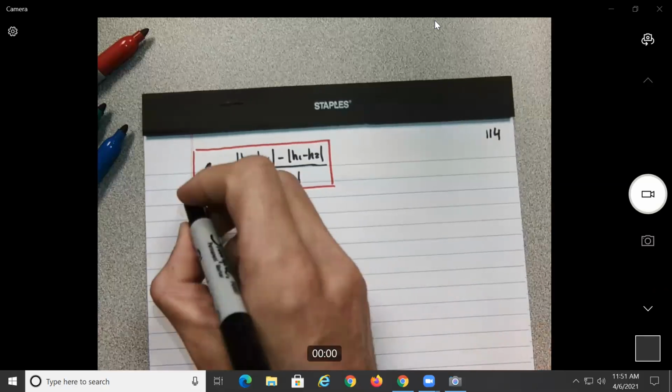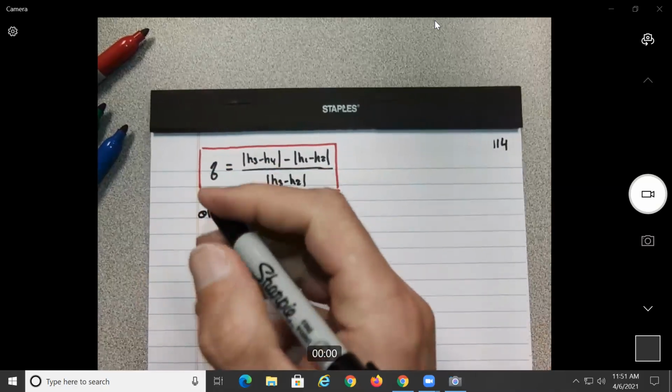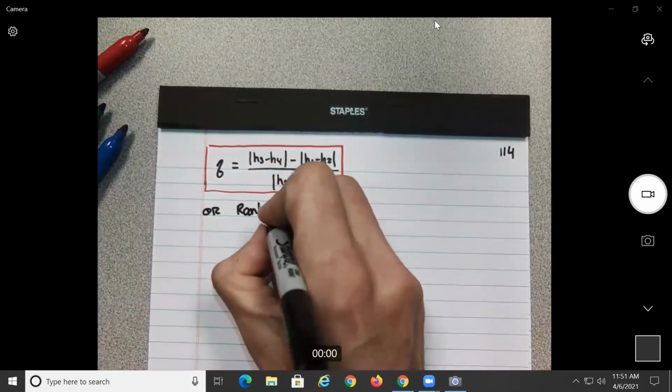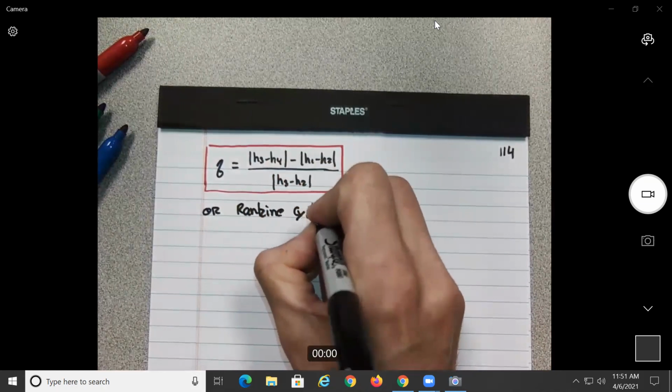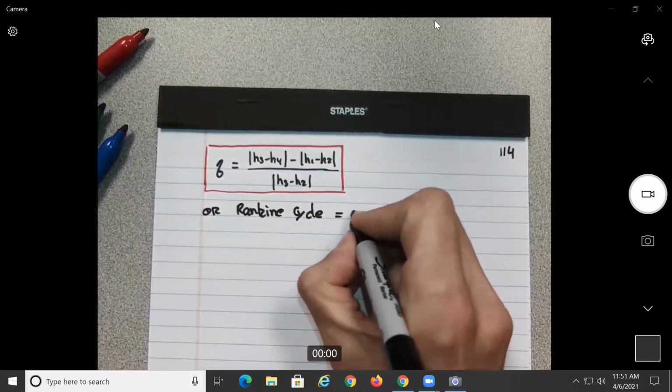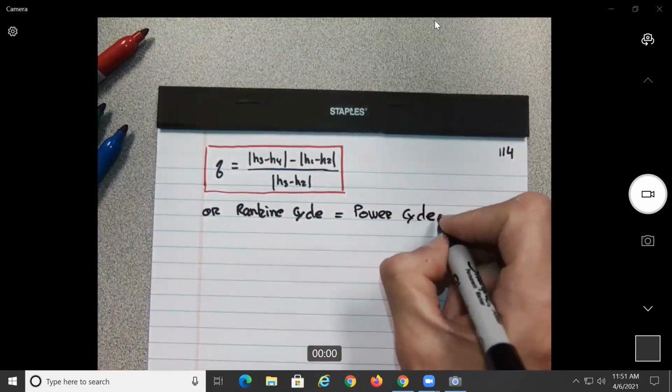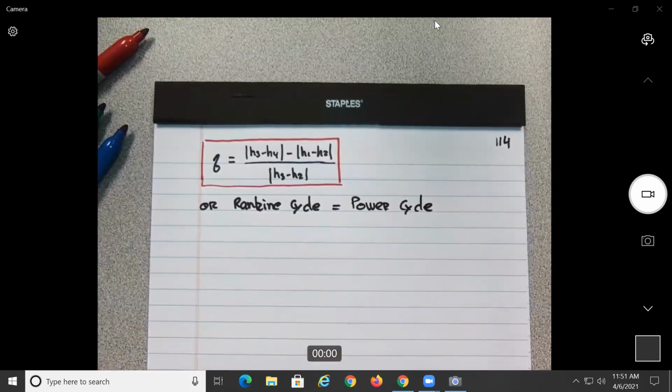Okay. Or what could we say? We could recognize that the Rankine cycle, I mean, we should get the same answer, but the Rankine cycle is what? Basically it is used to generate power, no? So it's a power cycle.